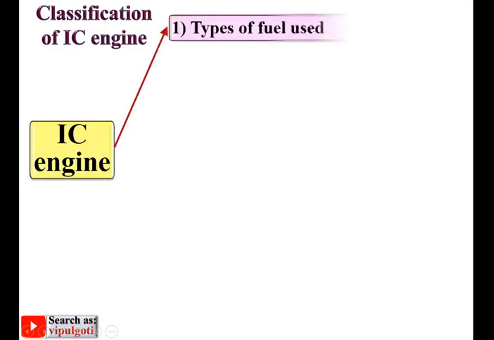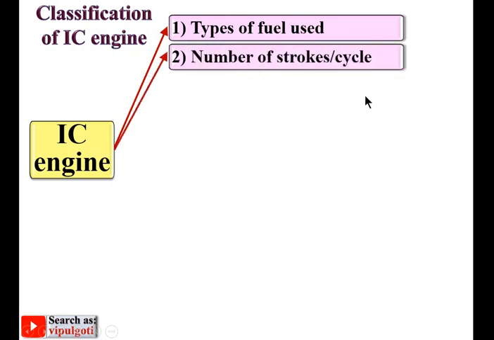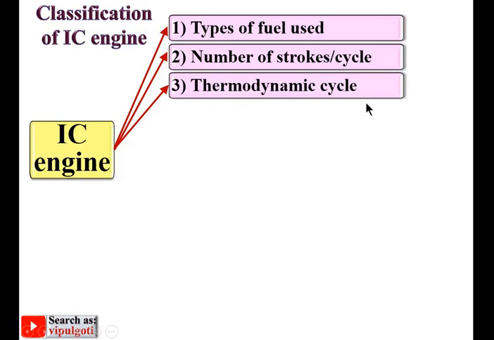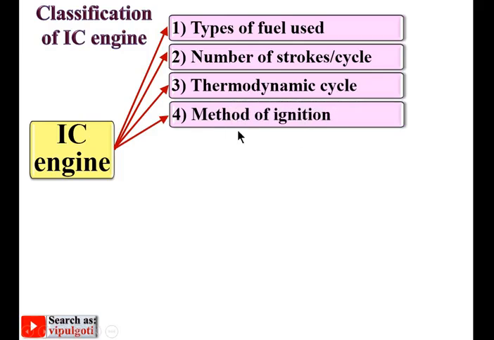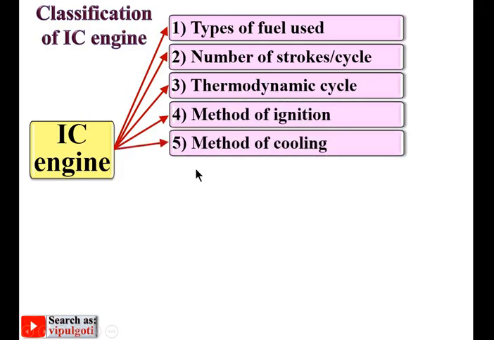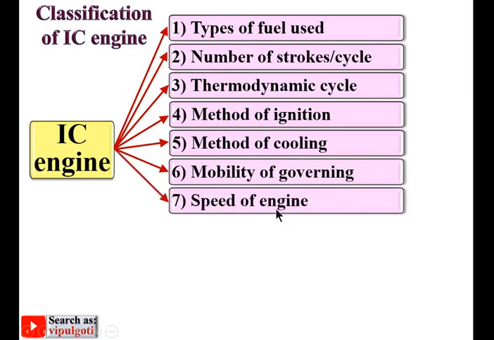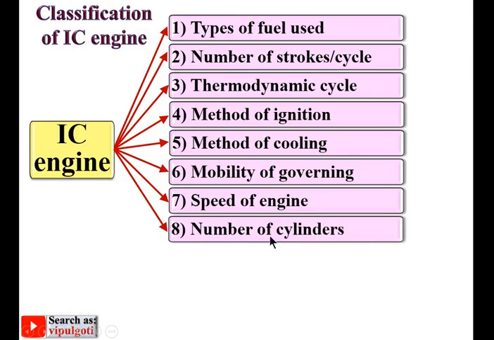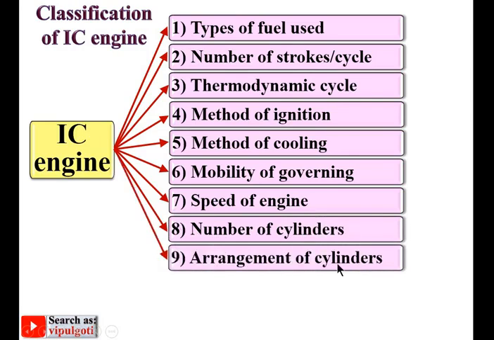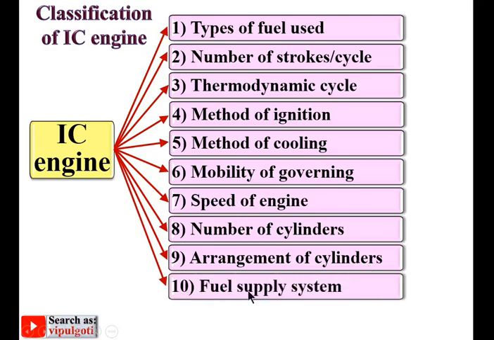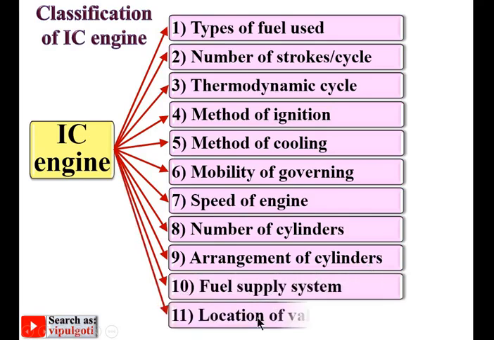There are so many ways to classify the IC engine: according to the types of fuel used, number of strokes per cycle, thermodynamic cycle (sometimes called the operation cycle), method of ignition, method of cooling, mobility of governing, speed of engine, number of cylinders, arrangement of cylinders, fuel supply system, and location of valves.